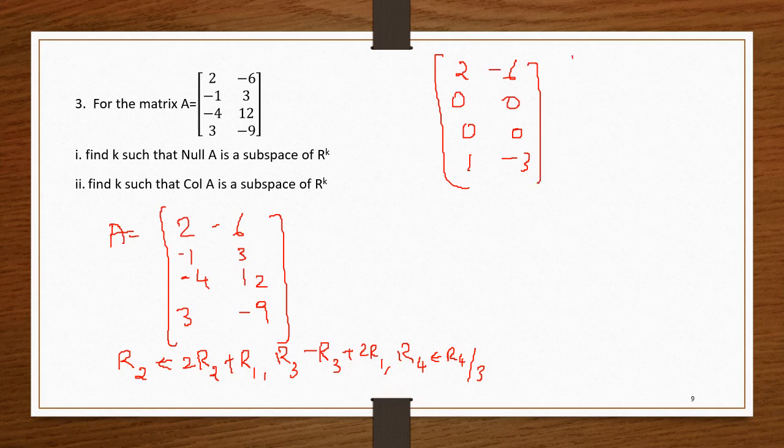Now we can write R4 as 2 times R4 minus R1. After doing this row operation, we'll get the matrix 2, minus 6, 0, 0, 0, 0, 1, 0, 0.